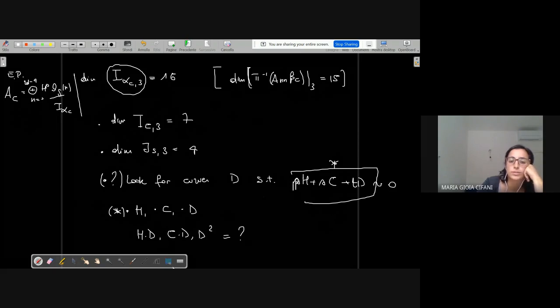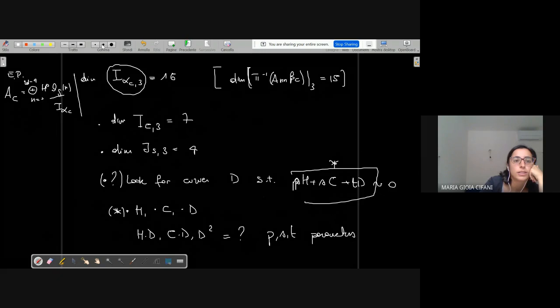We look for solutions D and some numbers of D. They are solutions of this system, and we also have parameters p, s and t. They are parameters. This can be done by hand. We did it, but one can also write a computer program because it's a homogeneous linear system.